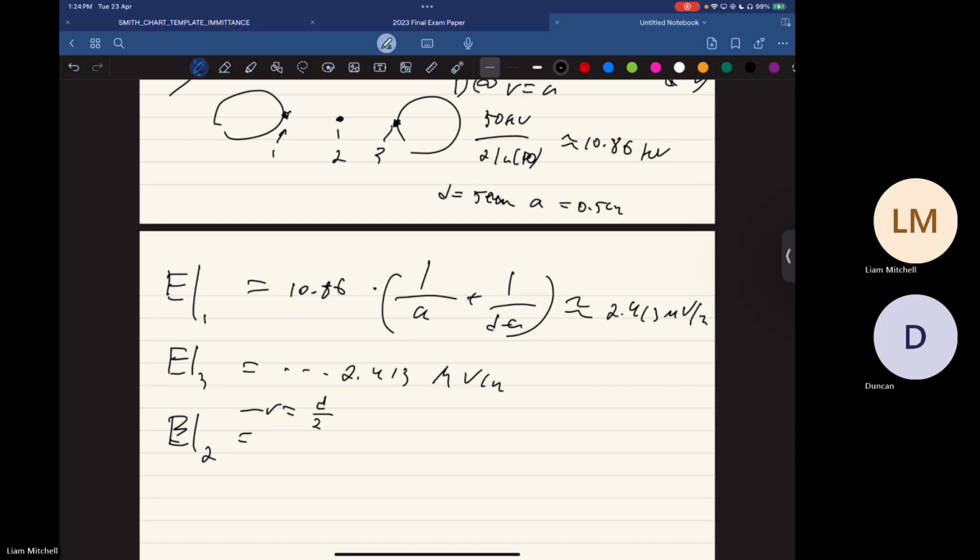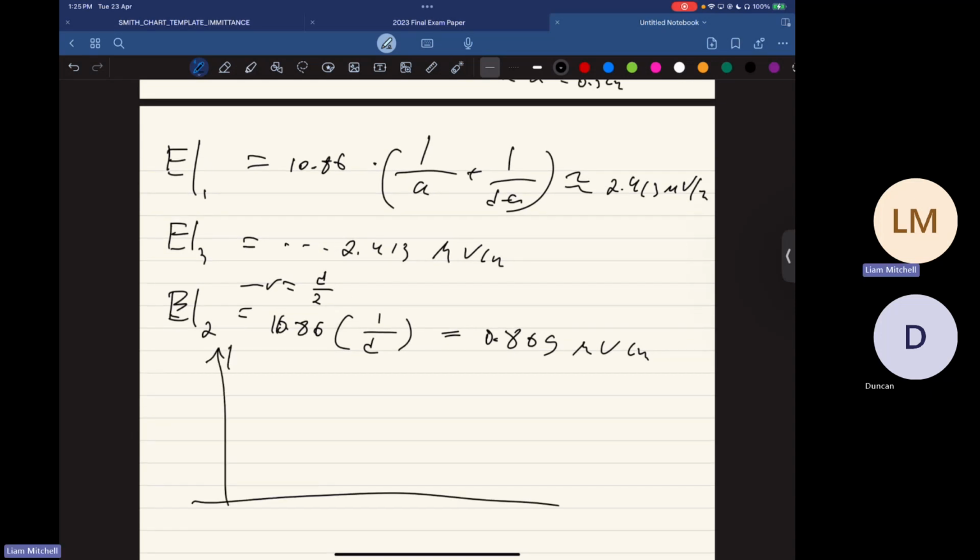So this is just going to be 10.86 times 2 over, 1 over D. Because it's 2 over D times 2, and this is going to be something like 0.0869 megawatts per meter.